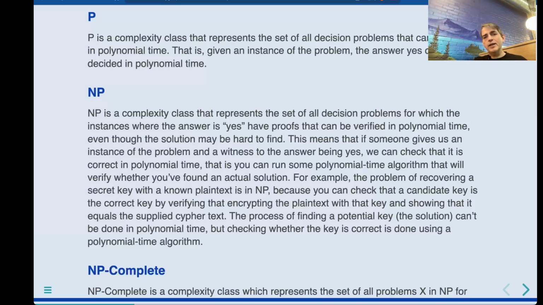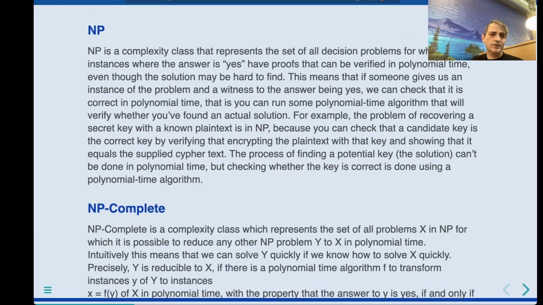Okay. Now, if you want a good example of this, think of someone who has a secret key, and they've encrypted some text. Now, if you're provided with this encrypted text and you don't know the key, it'll take you a long time to decrypt that. You'd have to brute force this and just try every possible key until you found one that worked.